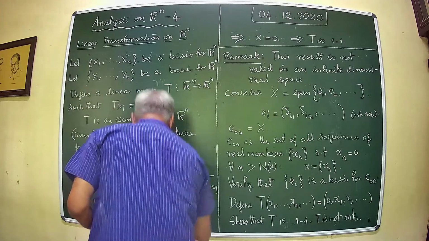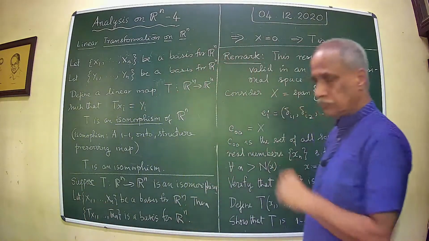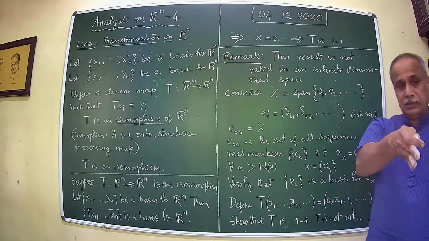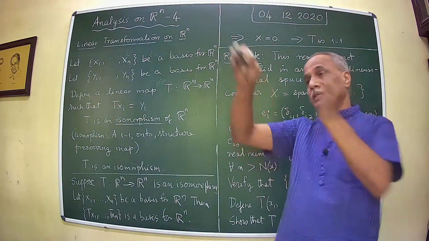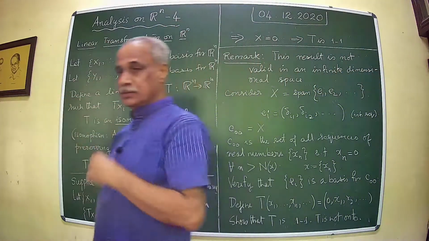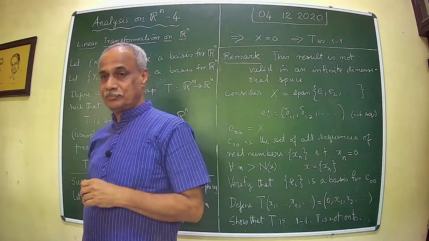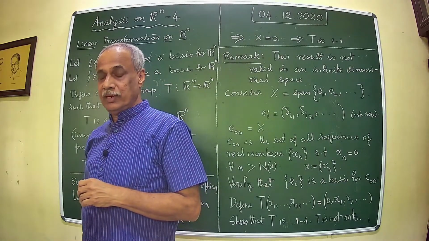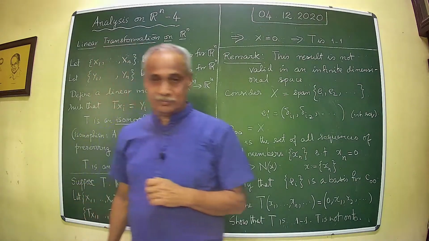I leave it to you to prove this. So every basis is mapped to a basis whenever T is an isomorphism.